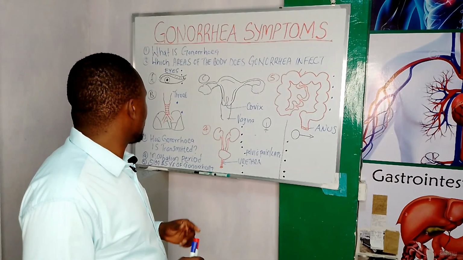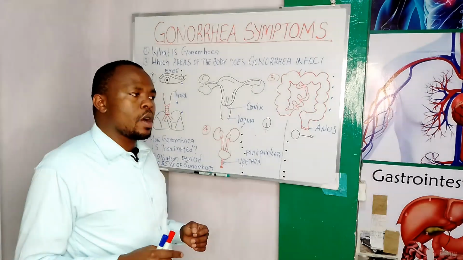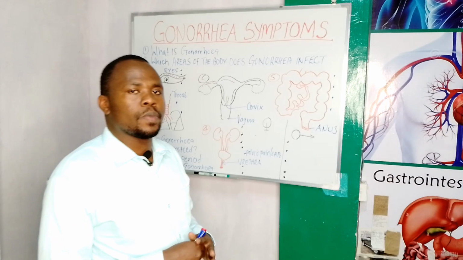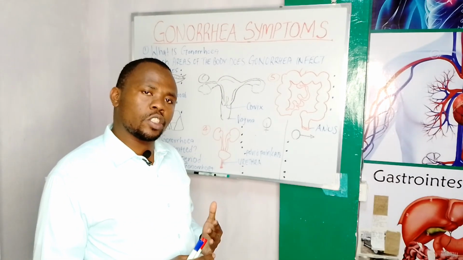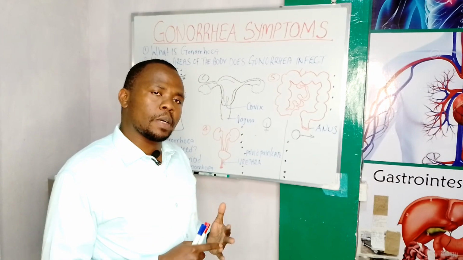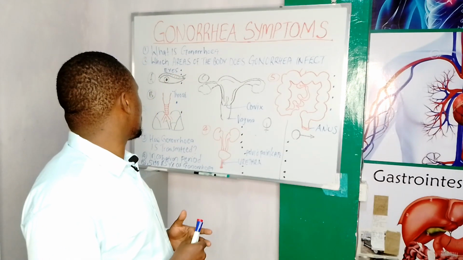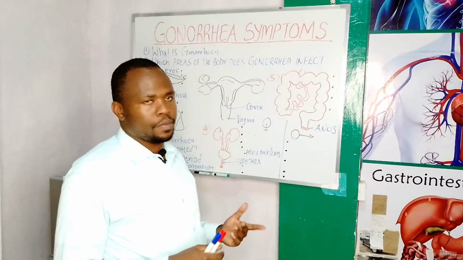From there, I want us to learn how gonorrhea is transmitted. Gonorrhea is transmitted through sexual intercourse. Sexual intercourse can be oral sex. Number two, it can be anal sex. And number three, it can be vaginal sex.